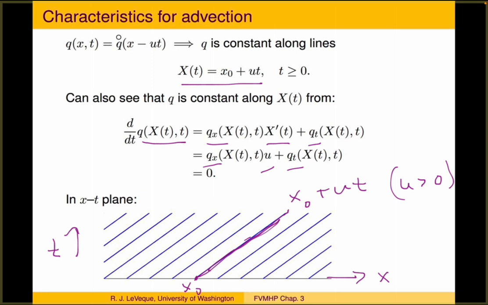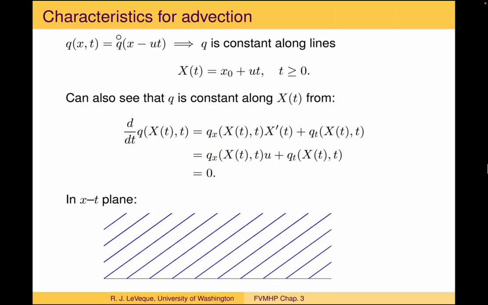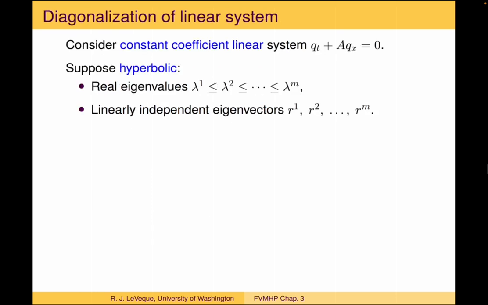So that says that q is constant along this characteristic curve. So for a scalar problem, it's very simple, but for a system of equations, it turns out we can decompose things into this simple case along characteristic curves that are defined by the eigenvalues of the matrix A.